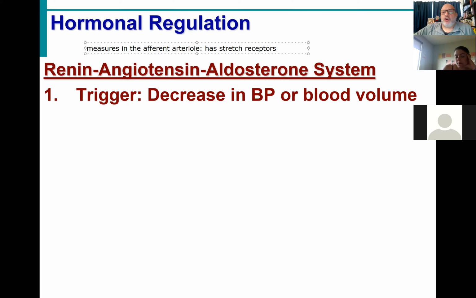So if the blood volume drops or the blood pressure drops, our afferent arteriole is going to know it. We know that those granular cells, the juxtaglomerular cells, are going to constrict as a result of that, right? So we want to be able to increase blood pressure.